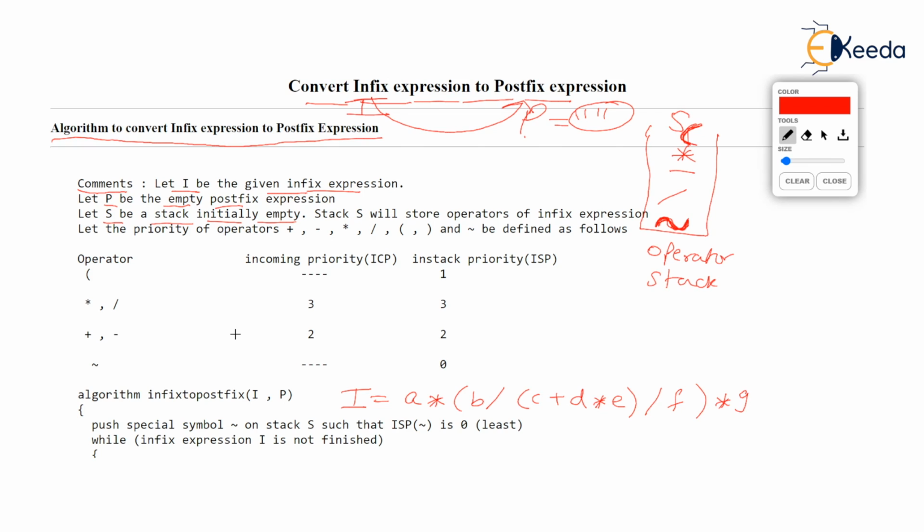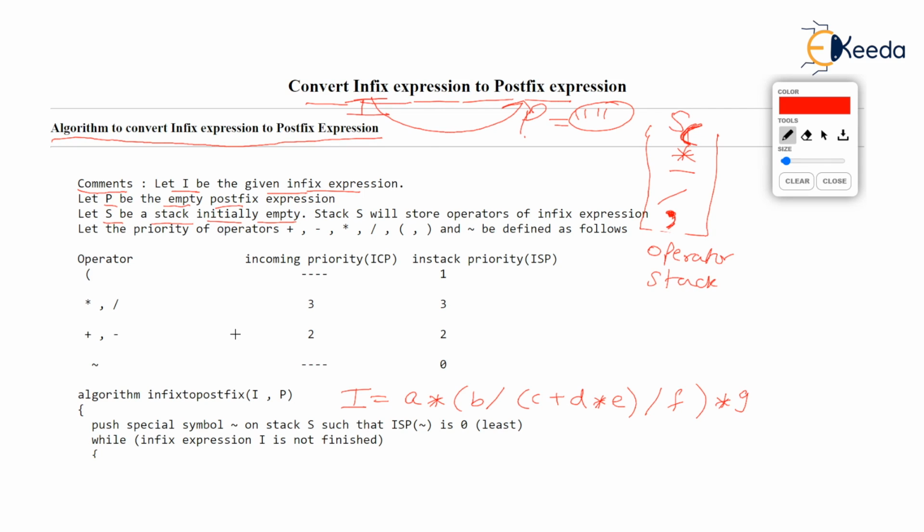Tilde doesn't appear anywhere in the infix expression. So we will store this tilde at the bottom of the stack. That is, the very first symbol pushed on the stack is going to be tilde. If you dislike this symbol tilde for some reason, then you can put some other character like comma. How about comma? Because comma also doesn't appear anywhere in the infix expression, assuming it doesn't appear. Or you can put some other character which will never appear in the infix expression.